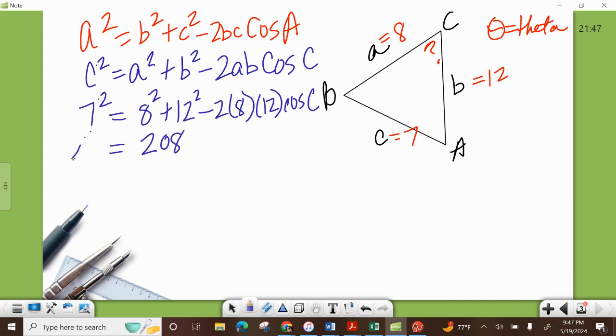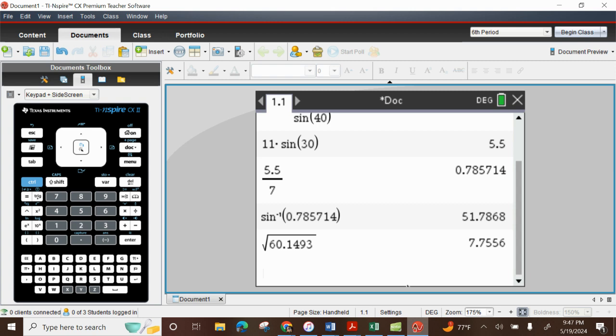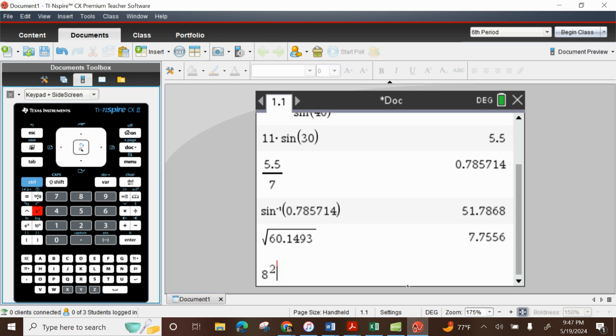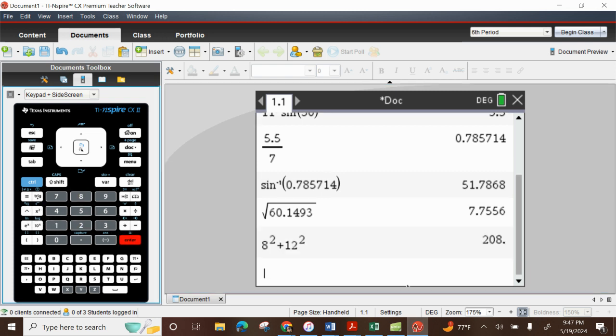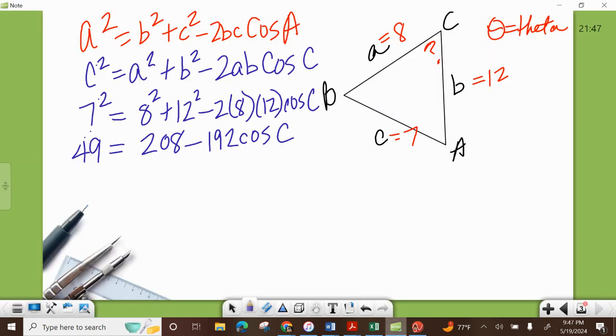On this side, I have 49, and that's minus 2 times 8 times 12, which is 16 times 12, which I believe is 192 cosine C. Now let's check my math just in case. 208 is correct, and 2 times 8 times 12 is 192. So now it just becomes a matter of algebra.